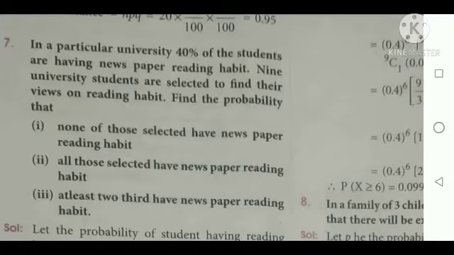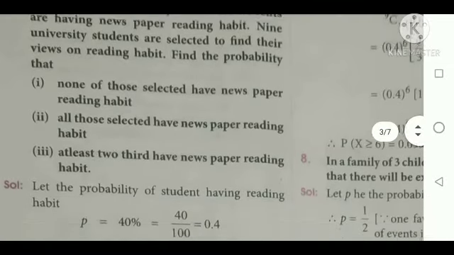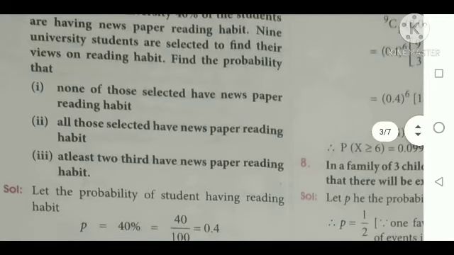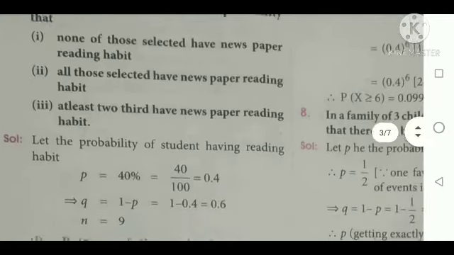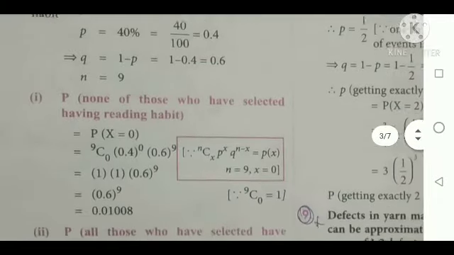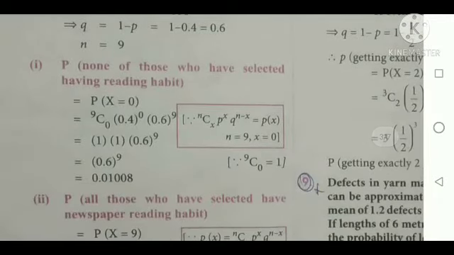First, we consider the probability, that is p. Let the probability of the students having reading habit equal to p equal to 40 by 100, that is 0.4. Okay. Then q equal to 1 minus 0.4, we are getting 0.6. The first question asked is none of those who have been selected having reading habit. None means it is 0.